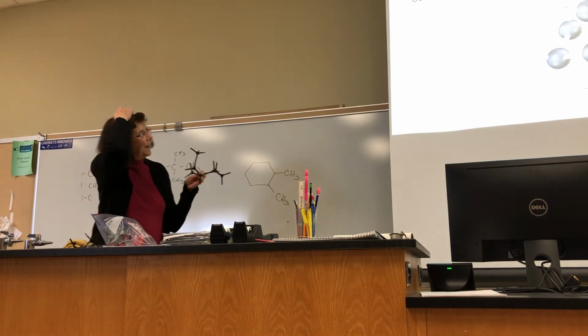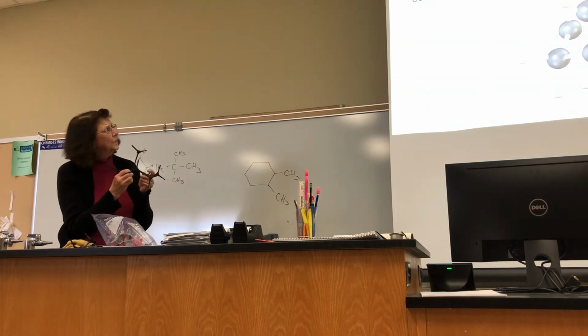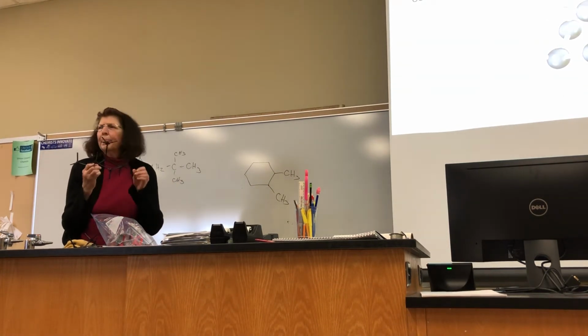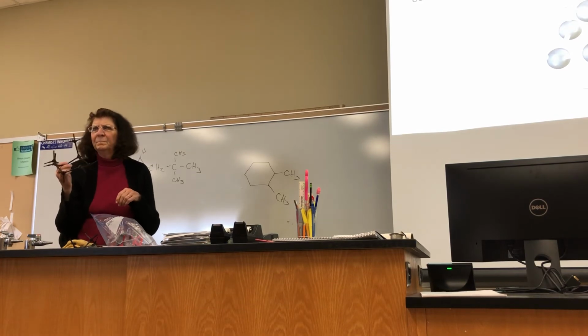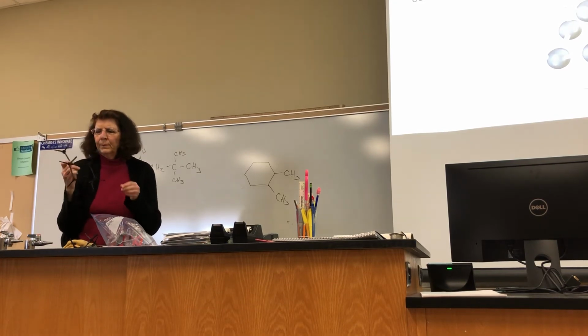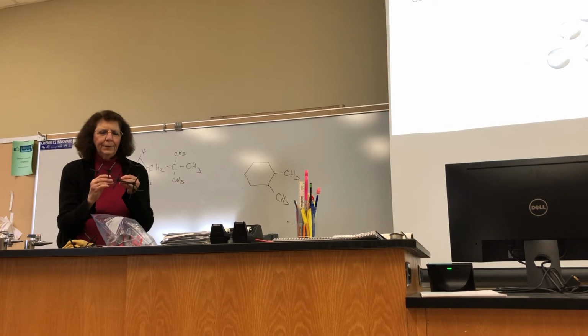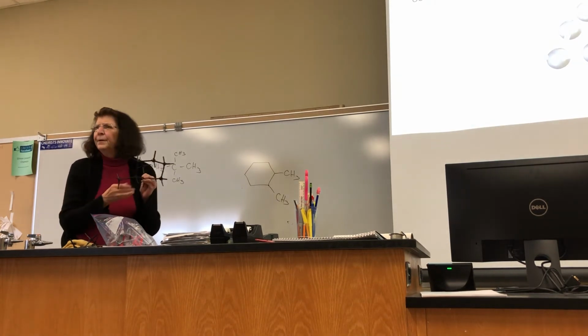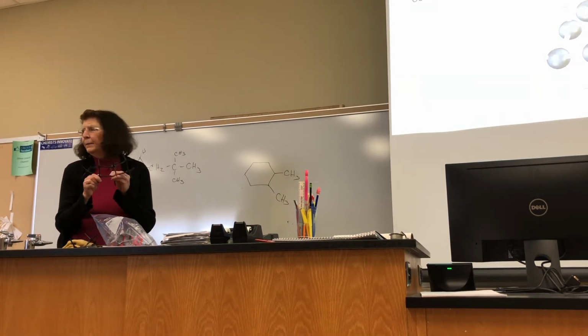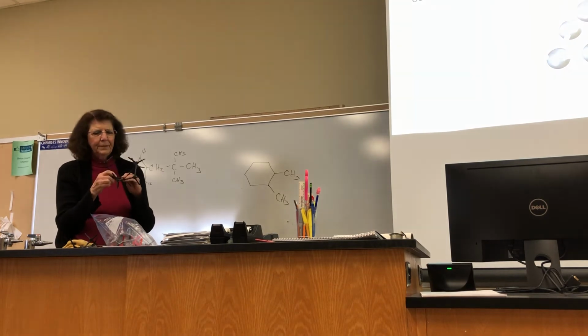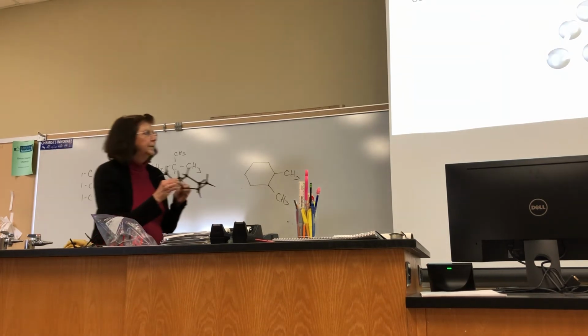So how many kinds of carbon environments are there? Well, we do have kind of a plane of symmetry there, don't we? We have a plane of symmetry that's kind of going back and forth on it.